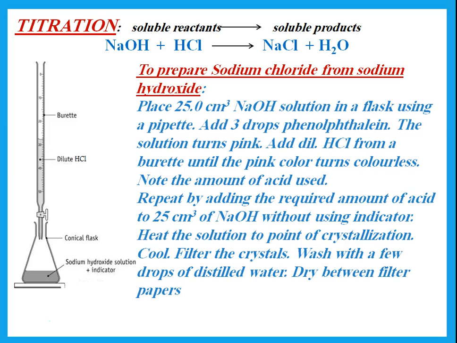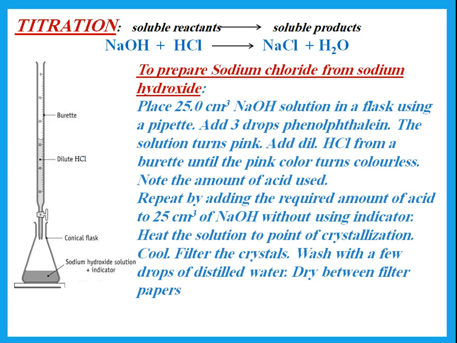This indicator could either be phenolphthalein or methyl orange. You cannot use universal indicator. You cannot use litmus. Remember that when I put phenolphthalein on sodium hydroxide, which is a base, phenolphthalein in a base will have what color? Pink. So the solution turns pink.